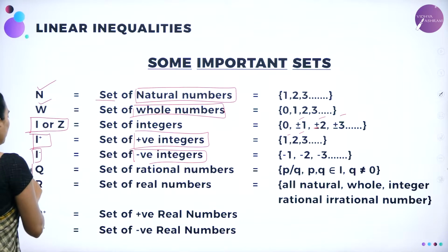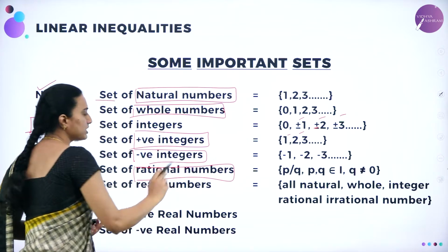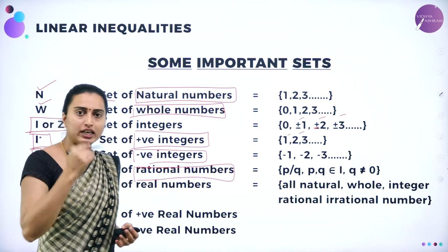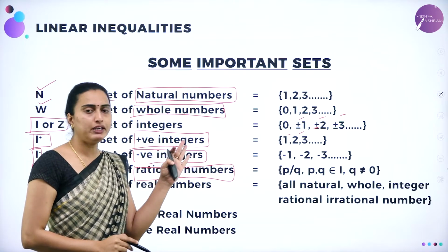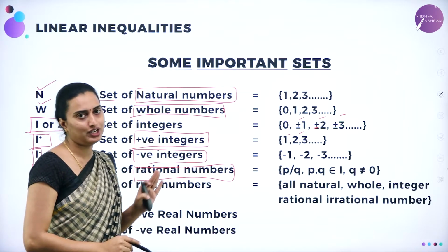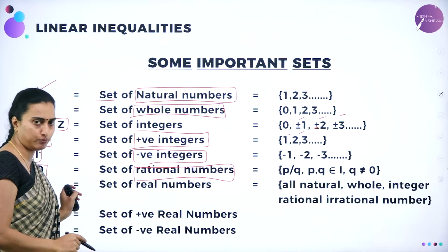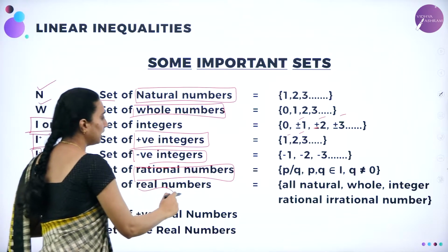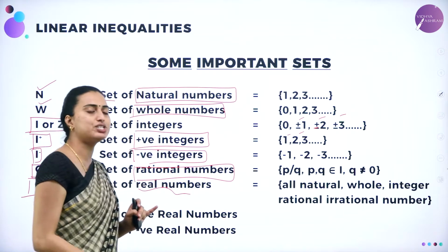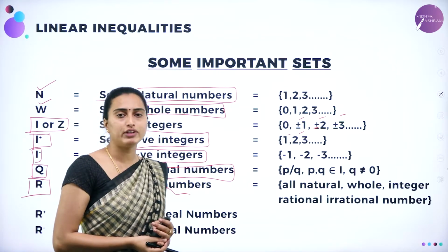Next, Q. Q is nothing but the set of rational numbers. Rational numbers will be in the form of P by Q, and Q not equal to 0. Okay, and here P and Q belong to the set of integers. That is going to be known as the rational numbers, which is denoted by the letter Q. Next you are going to have real numbers. Set of real numbers is nothing but all natural, whole, integer, rational and irrational numbers are going to be known as the set of real numbers.